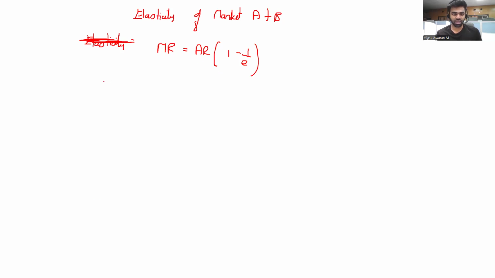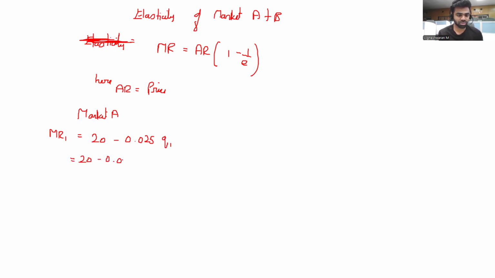Here AR is equal to price. So MR we have to calculate again. For market A, what is MR1? The equation for MR1 is 20 minus 0.025 Q1. That is 20 minus 0.025 into 400, which is 20 minus 10.